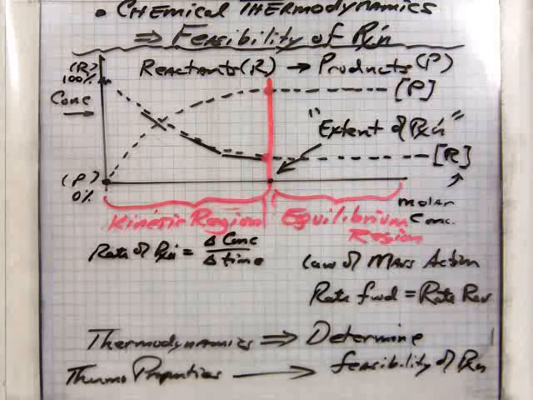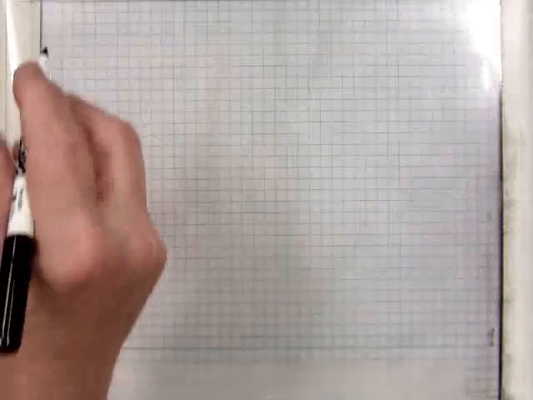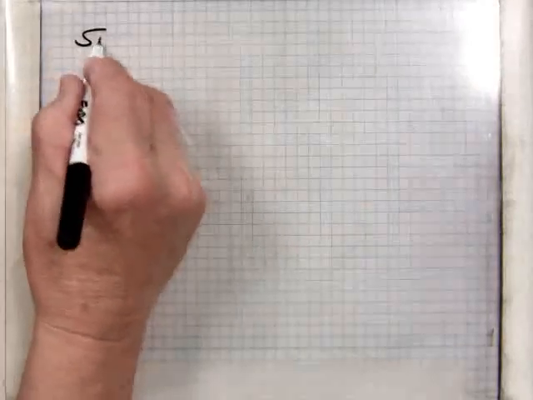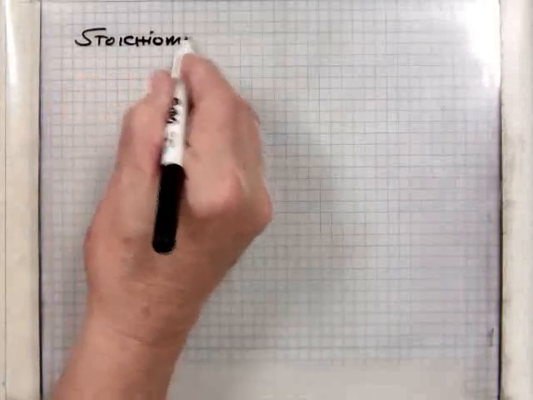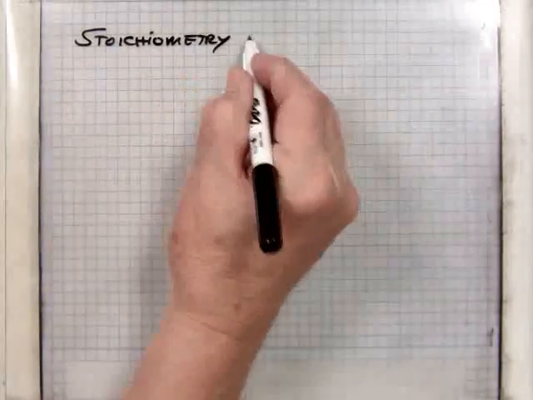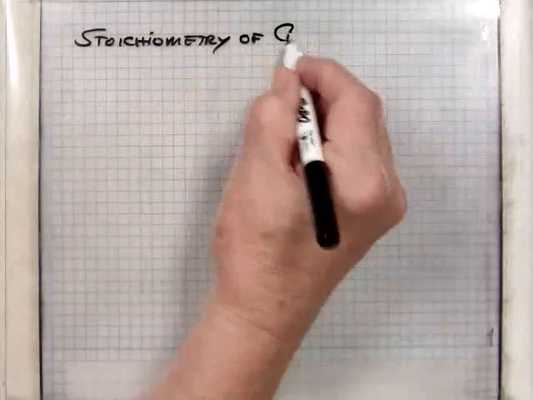And so just about every problem you'll work will have a solution phase concept embedded in that problem, where you'll have so much solute and so much of a solvent to produce so much of a reacting product. Anyway, so we want to look now at stoichiometry of chemical reactions.